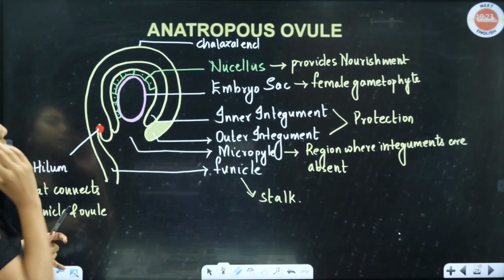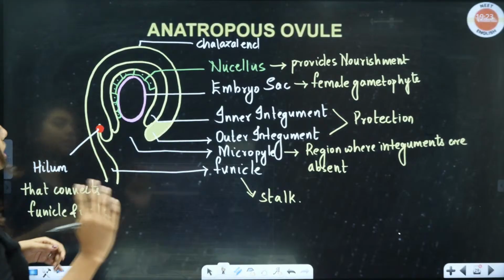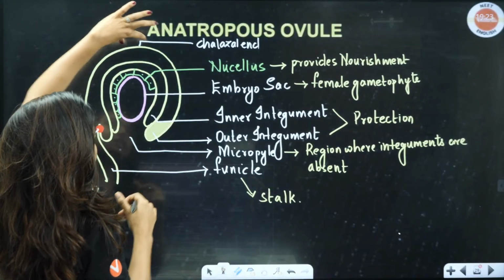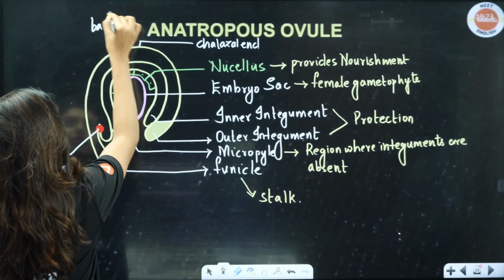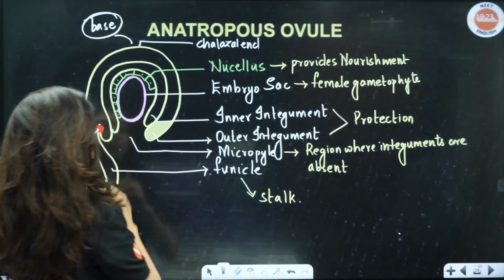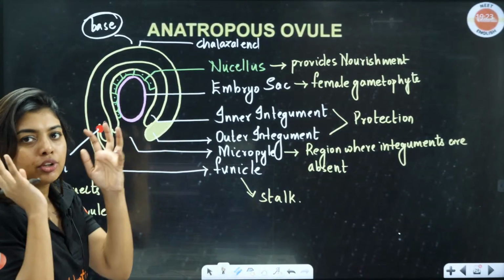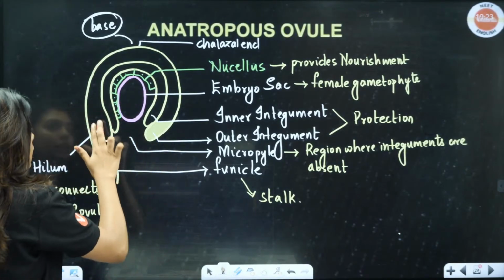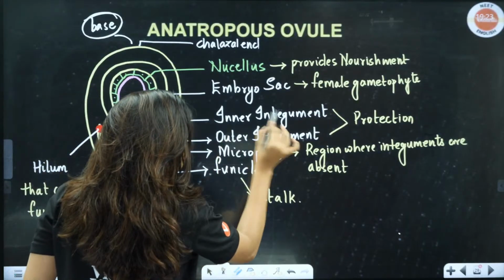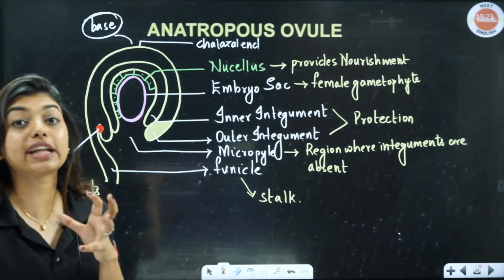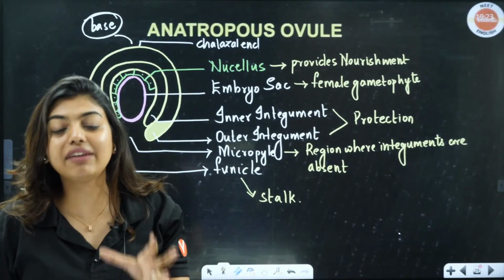Here you see this chalazal end. This portion is the chalazal end, which is considered the base of the ovule. Don't break your head. These two layers are called integuments. Integuments means protection. For protection we have integuments.